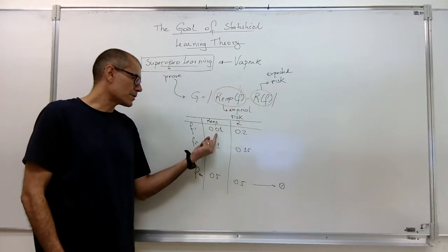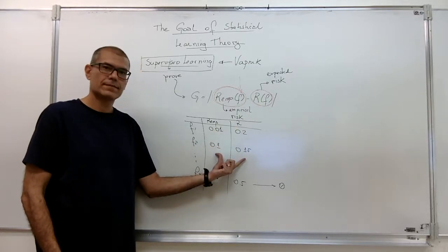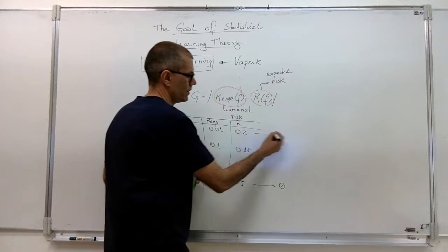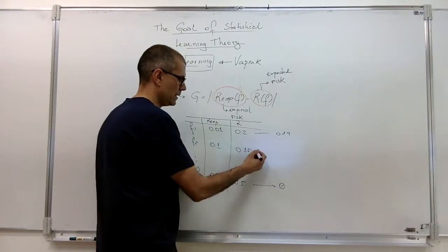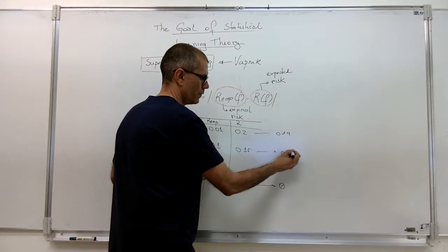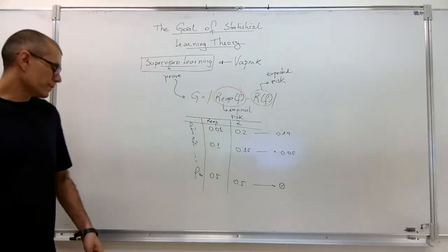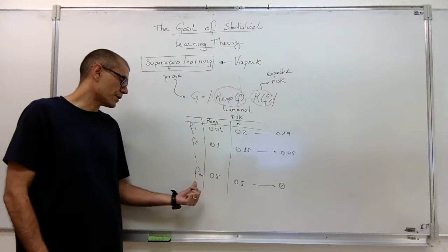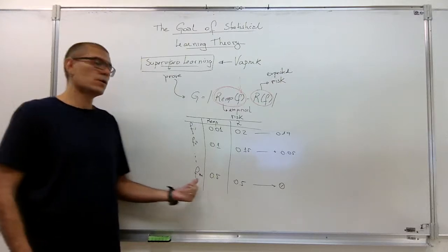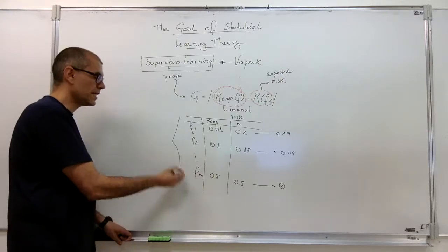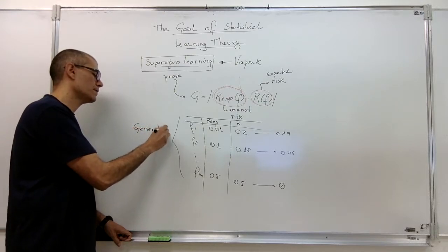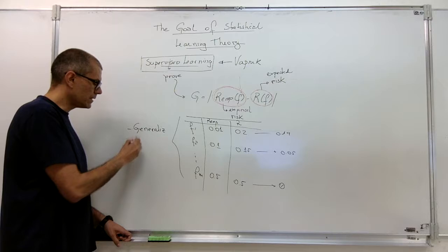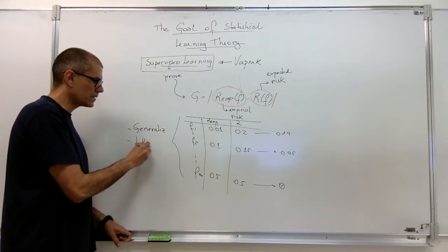So apart from the good results we've got here, and this would be like 0.19, right? And here would be like 0.05. Apart from that, the best generalization happens with this guy. So besides generalization, there is something else we must be interested in, which is the reduction of the empirical risk.